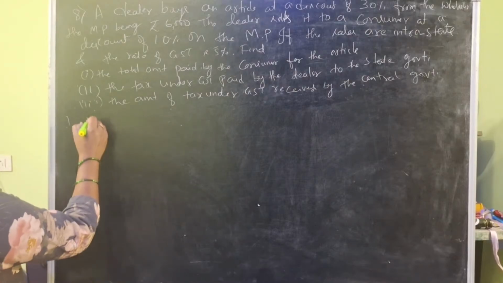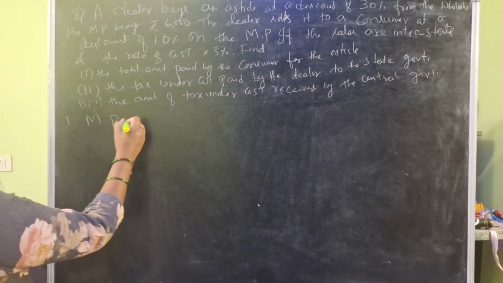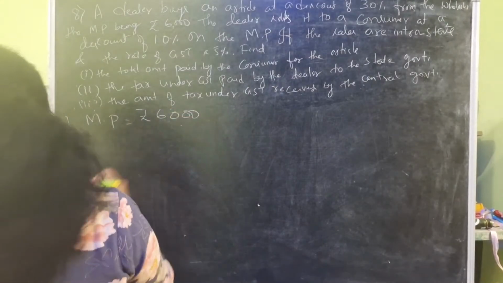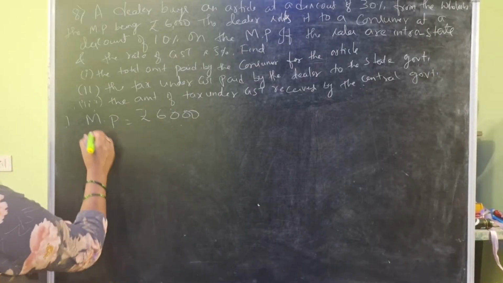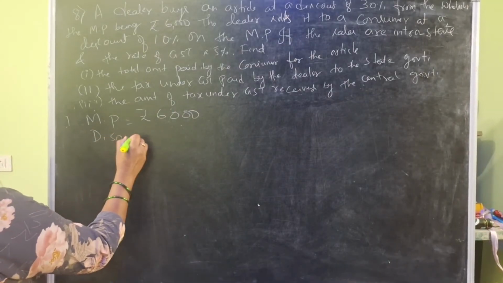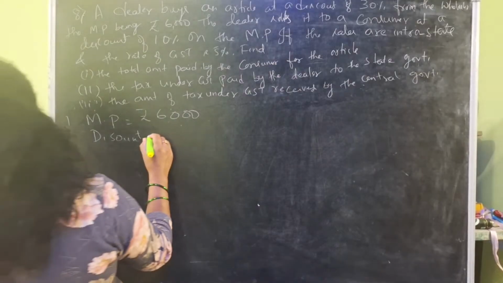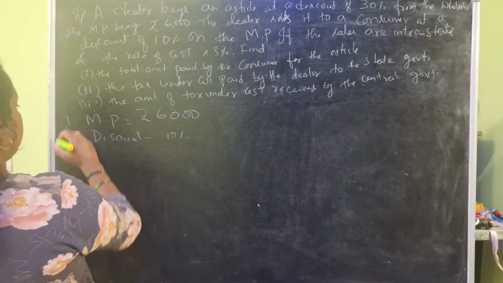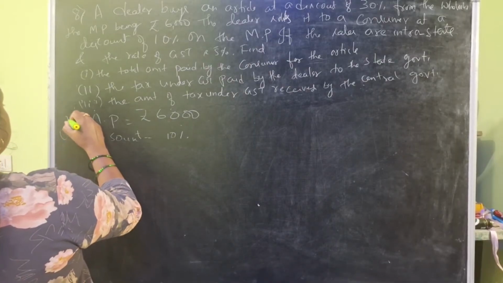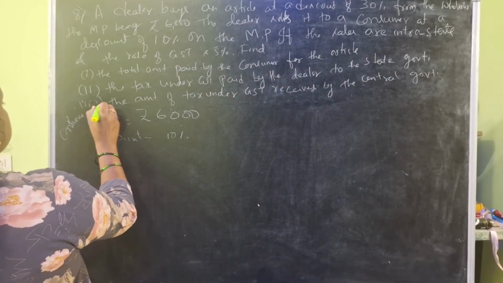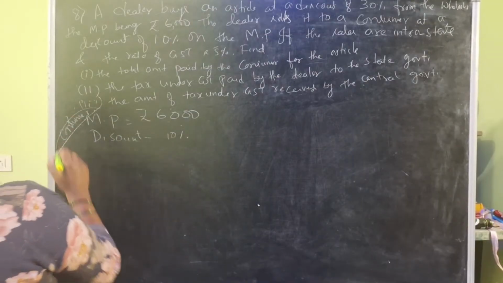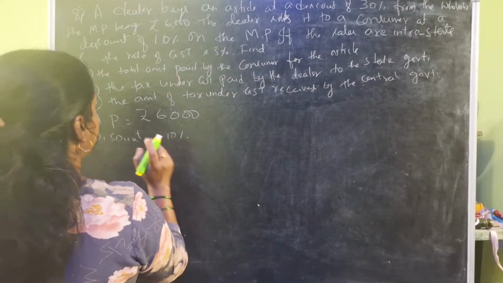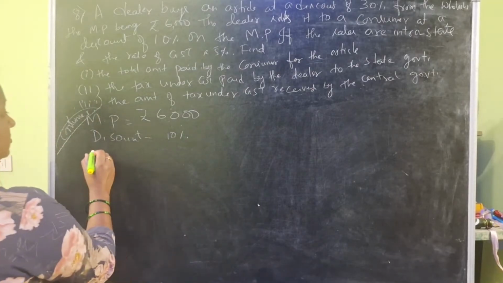So here given that market price is equal to rupees 6,000, discount is equal to 10%. Therefore, for the consumer, the market price is 6,000 and the discount is 10%.